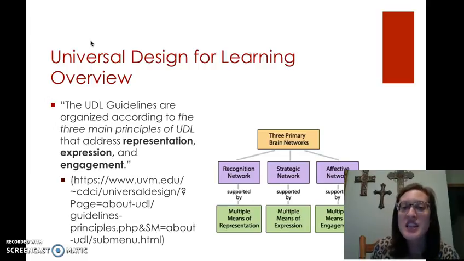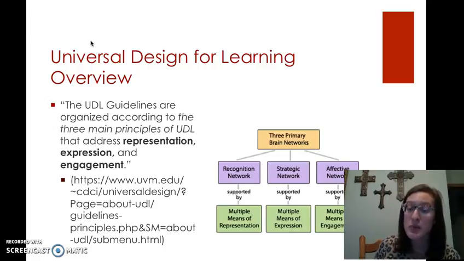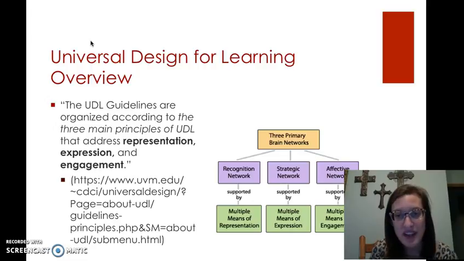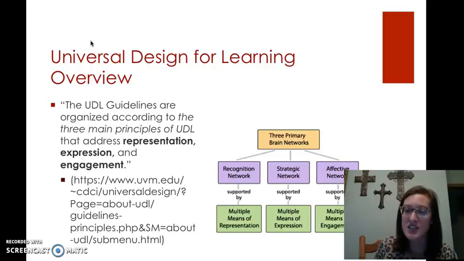The recognition network is supported by multiple means of representation. The strategic network is supported by multiple means of expression. And the affective network is supported by multiple means of engagement.